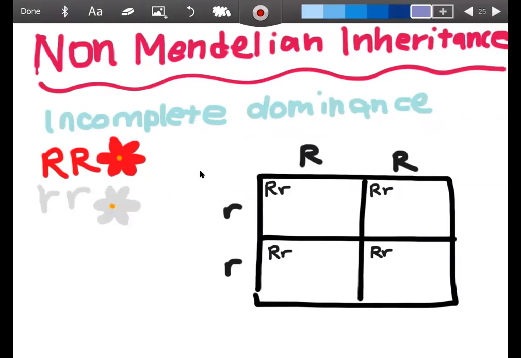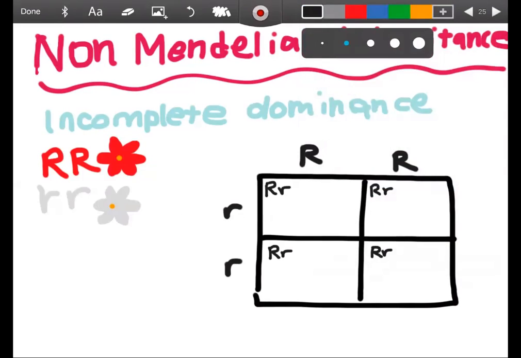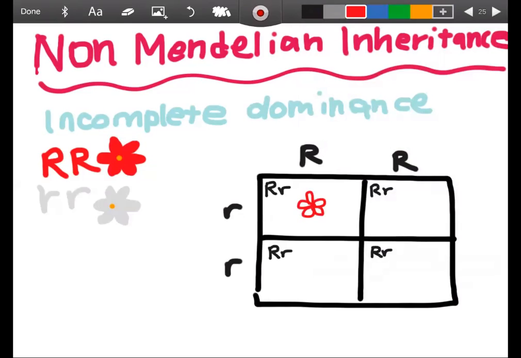So going into incomplete dominance, here we have our flowers again. We have our red flower, which, like we mentioned before, is our homozygous dominant, and then we have our white flower, which is our homozygous recessive. So when we mix these two together, which I'm going to represent using a Punnett square, we will end up with a heterozygous allele for each of the resulting plants. So what you would expect is for all of these to be expressing a red flower, right?